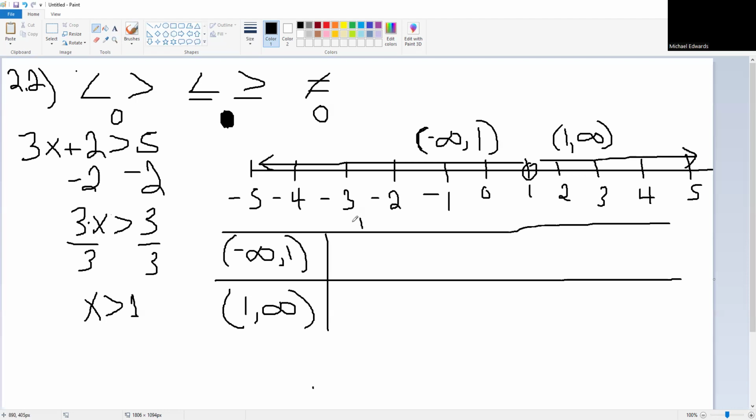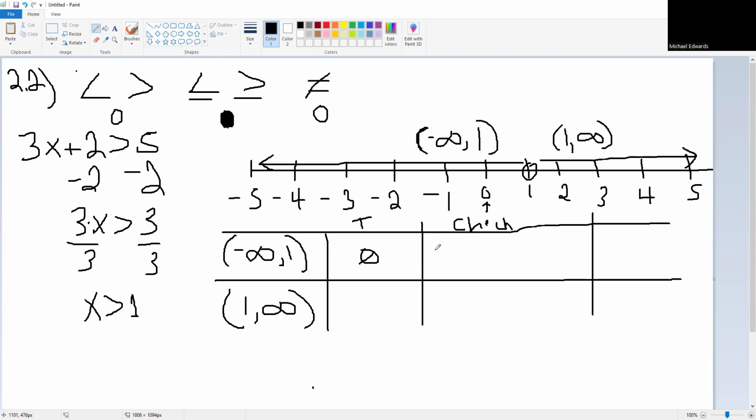So our test points here, then we have our check here, and then is it a solution? So test point, we're going from 1 backwards. So let's pick the next one, which is a 0 on the line right here. So 0 is what we're going to pick.